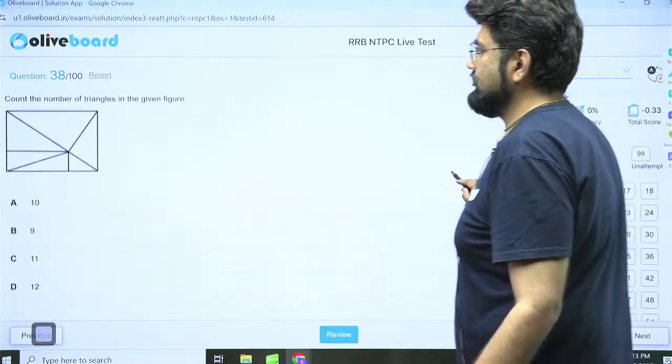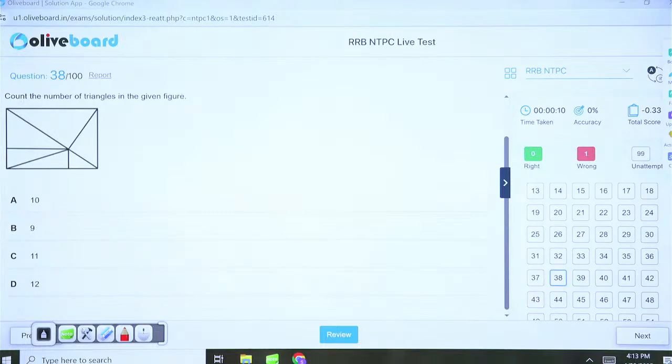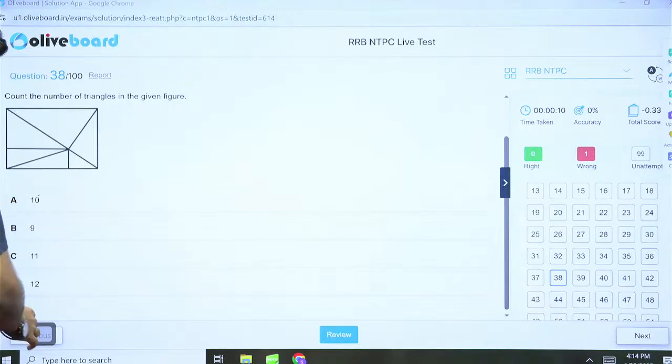Number of triangles. I can see 10 here. Should we give it a shot?